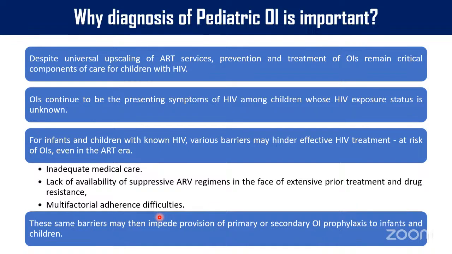But we all know there are challenges with adherence which are multifactorial. So these are the barriers which will come in the way of providing prophylaxis for these infants and children. So we need to understand that there are barriers which are common for both HIV management as well as prophylaxis.